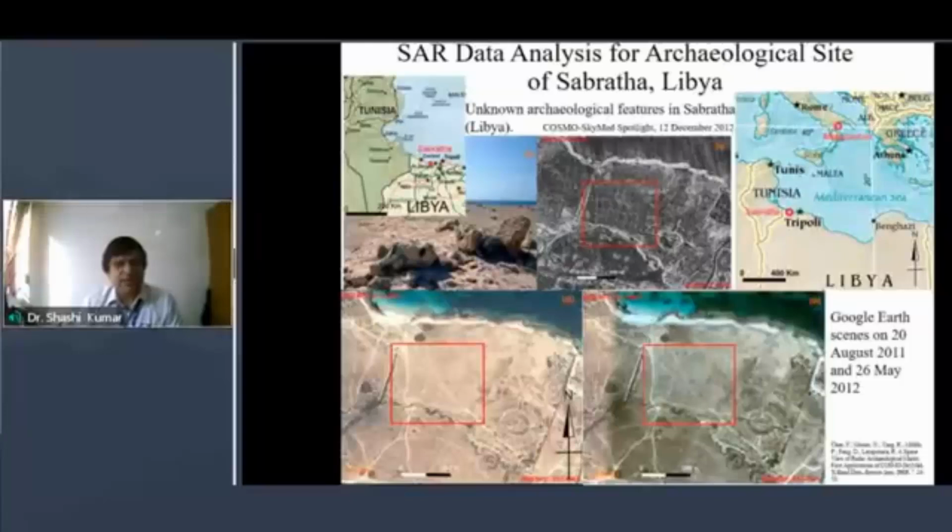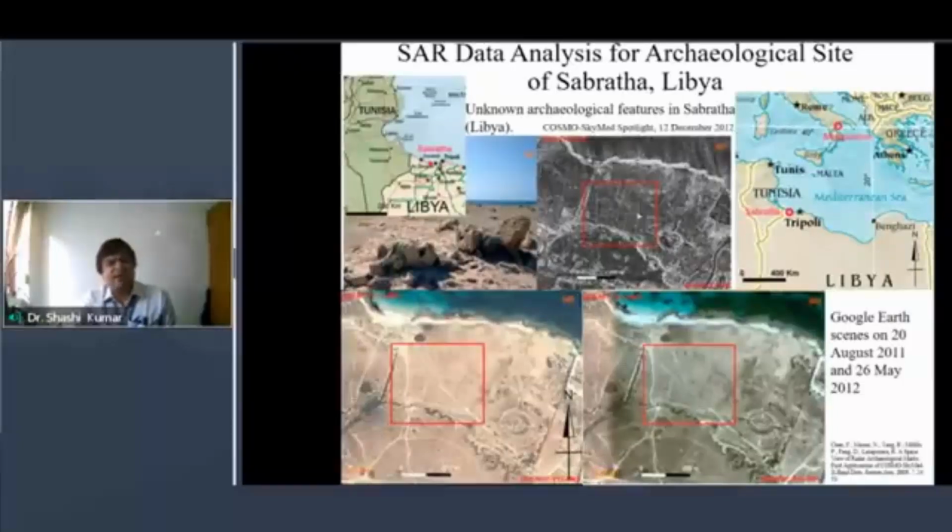Now here is another study which was carried out for Libya, Sabartha, Libya. Here one can see the optical view of the data set for the archaeological site. When the same area was acquired by some star sensor, one can see that these linear features, these blocks, or you can say the parcels, could be easily seen, because a very good linear structure pattern is visible.